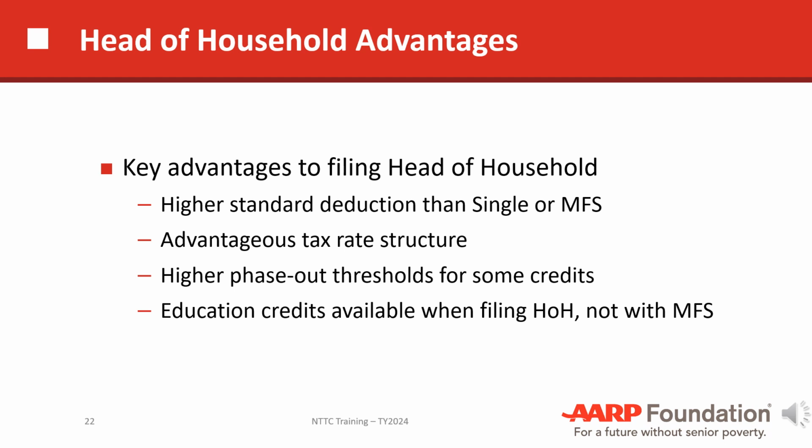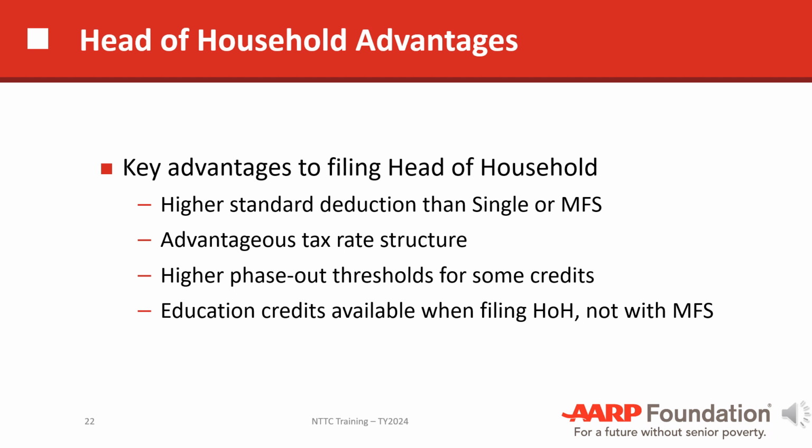And you may ask, well, what in the world is a phase-out threshold? Well, generally for credits, the taxpayers qualify for credits if their income is within a certain range. But if a taxpayer has income that's extremely high, or sometimes not even extremely, if it's just above a certain threshold, they no longer qualify for a particular credit.